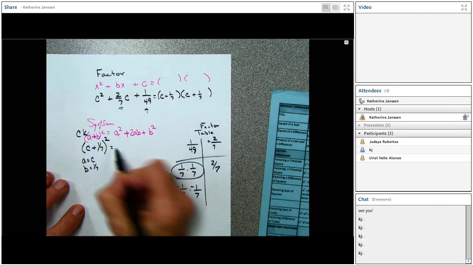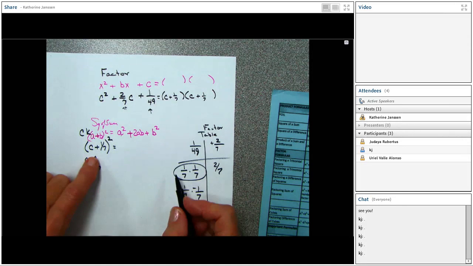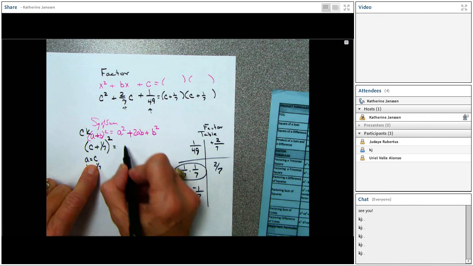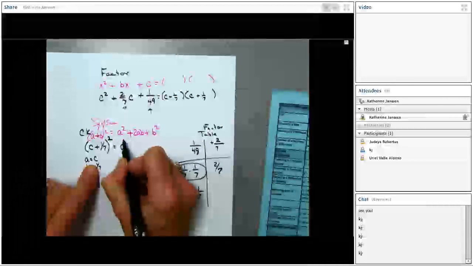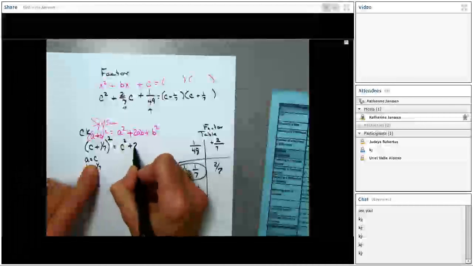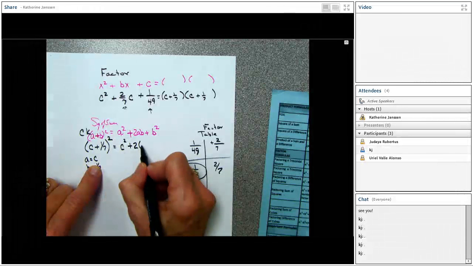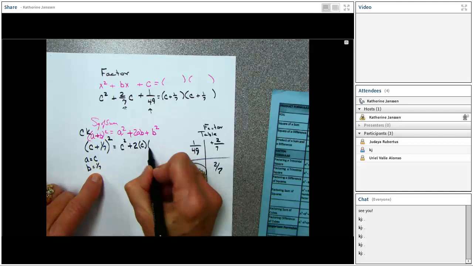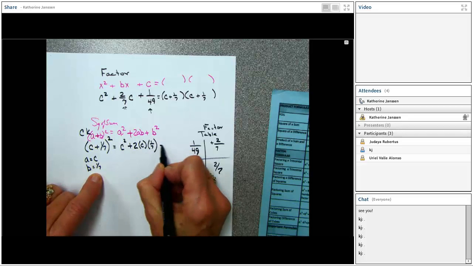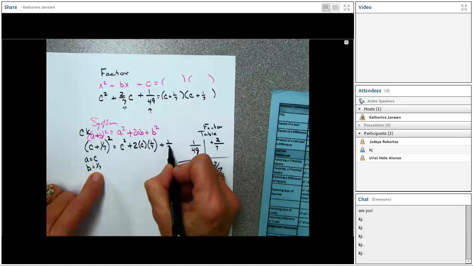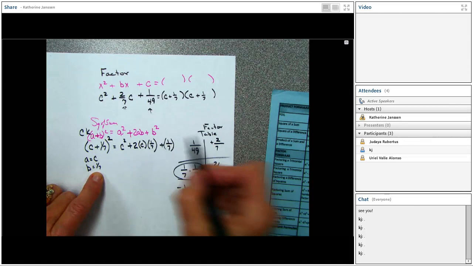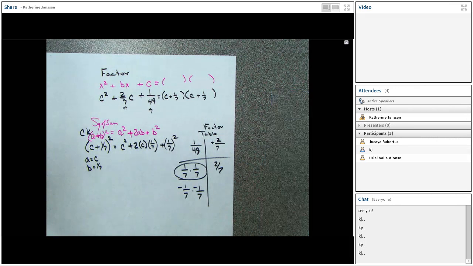So now I can fill that into my form pattern. A squared, well, A in this case is C, but I need to square it. Plus 2 times A, in this case C, times B, in this case 1/7. Plus B, in this case 1/7, but I need to square it.